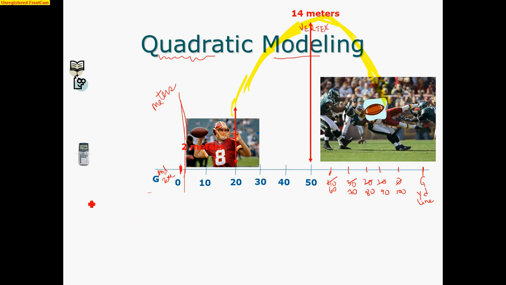So the first thing I have to write is, what is independent, what is dependent. So hopefully you see that independent is the yard line, and dependent is the height of the ball in meters. Then, what is the info I have from the problem?